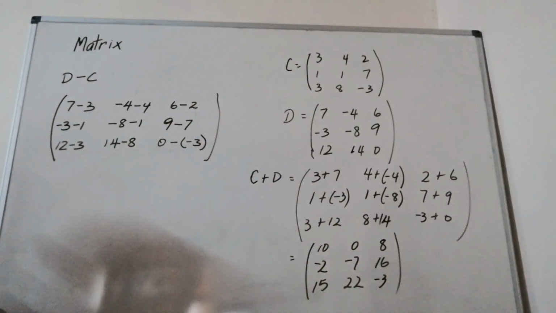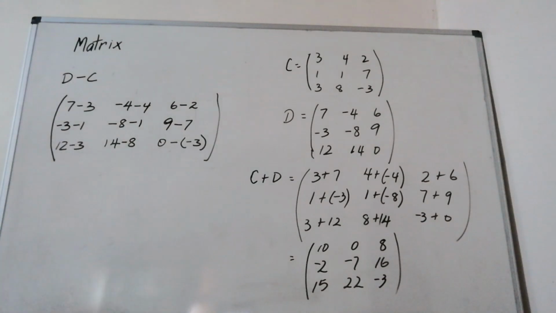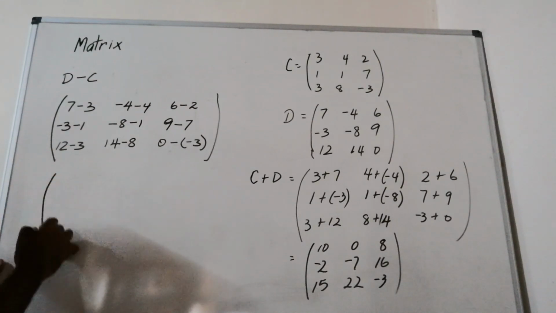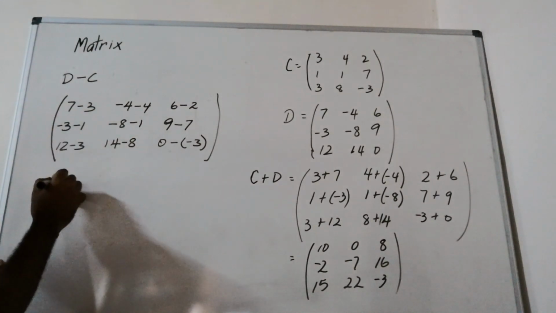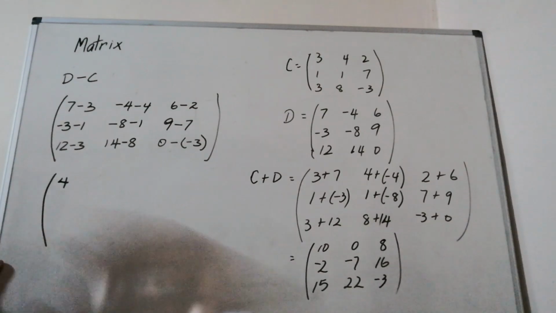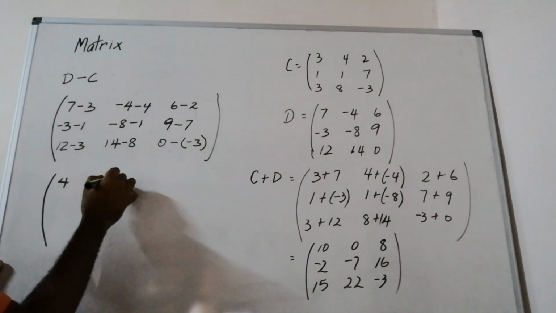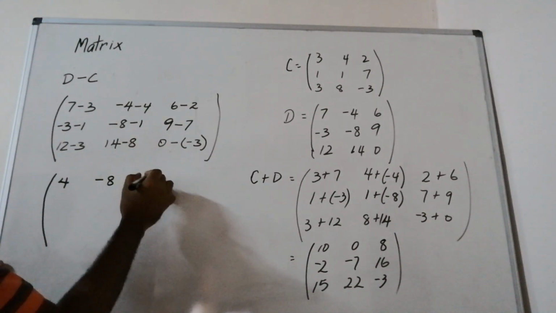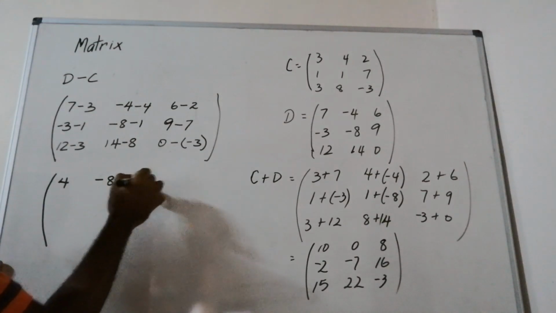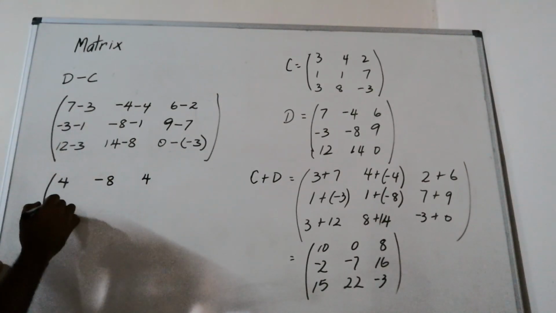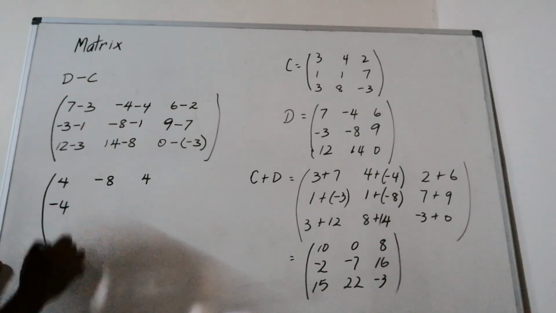And we work. So that will give us 7 take 3 will give us 4. Negative 4 take negative 4 will give us negative 8. 6 take 2 will give us 4. Negative 3 take 1 will give us negative 4.